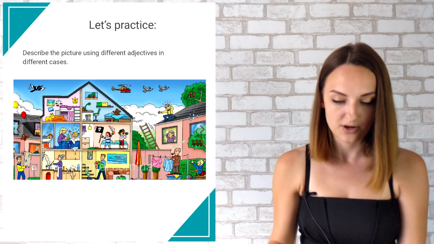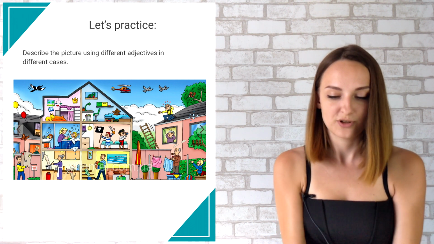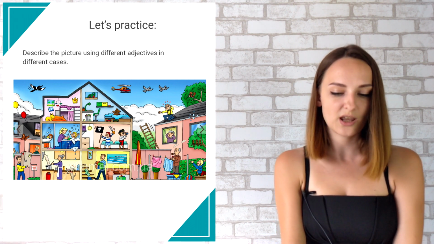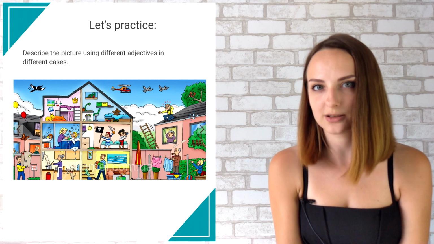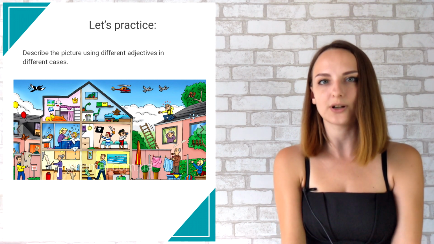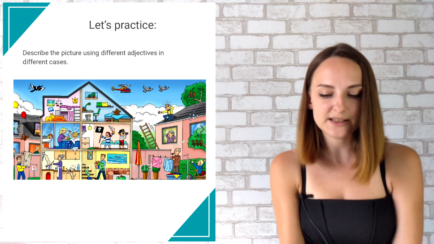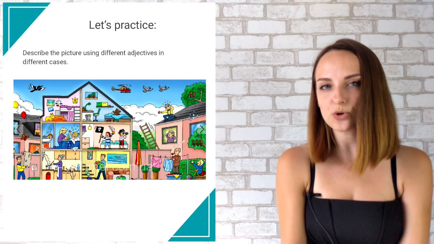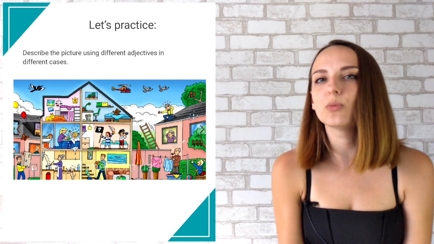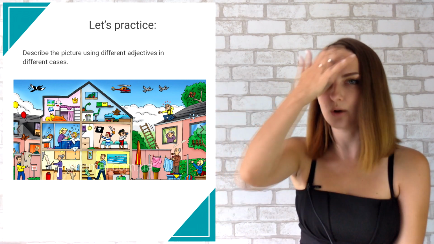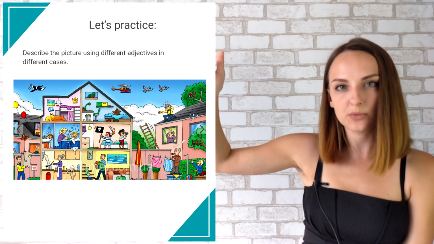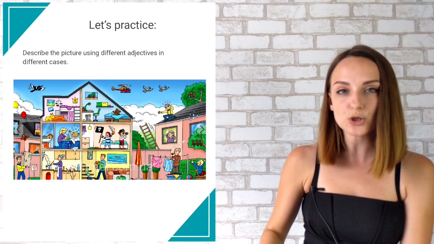But here, what can you say about this picture? Женщина стоит у открытого окна, да? У открытого окна. This is the genitive case. Птицы летят над розовым домом, да? Above the pink house. Над чем? Instrumental case, and so on.